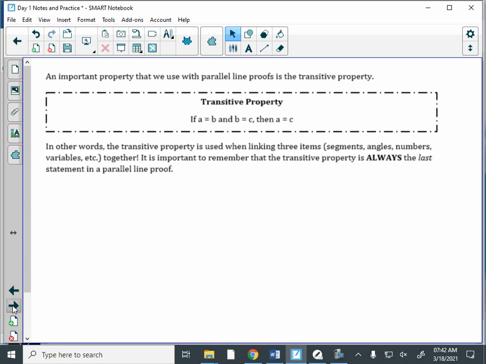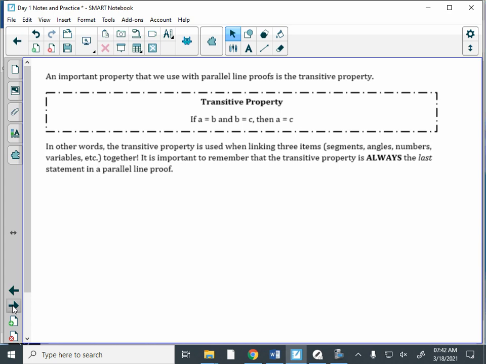The main thing to remember is the last reason in a parallel line proof will always be the transitive property. Every single time. So we have three freebies. The given information is your first statement.